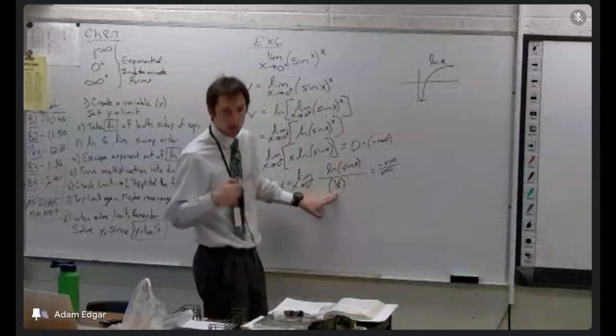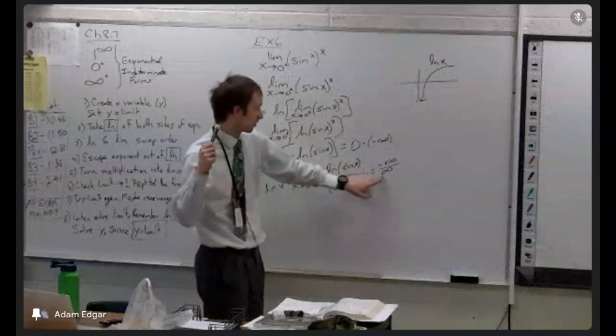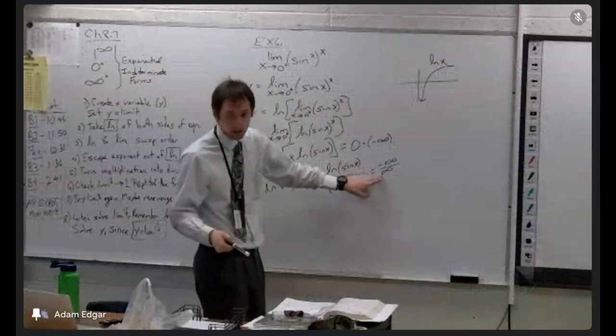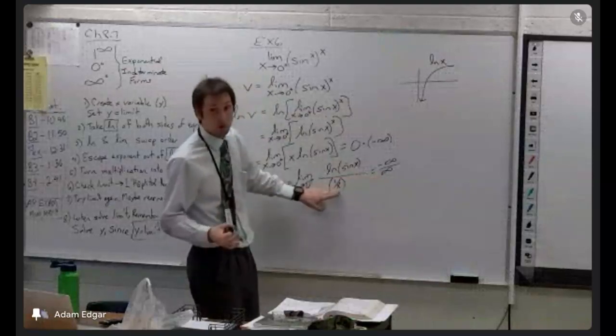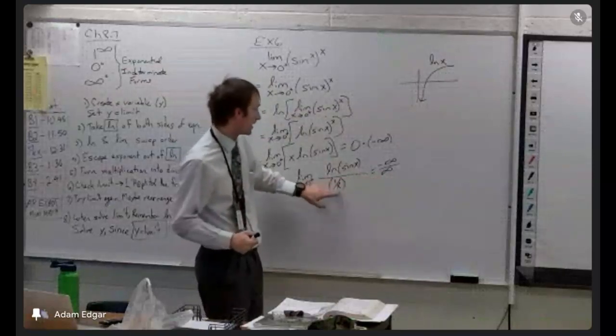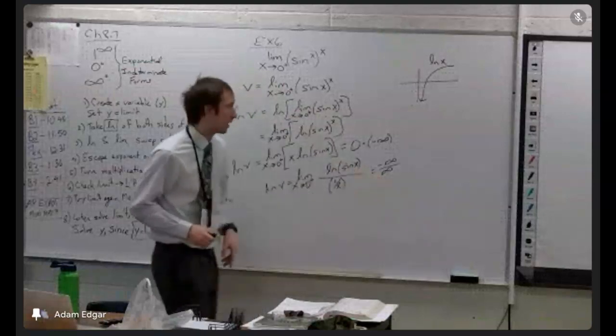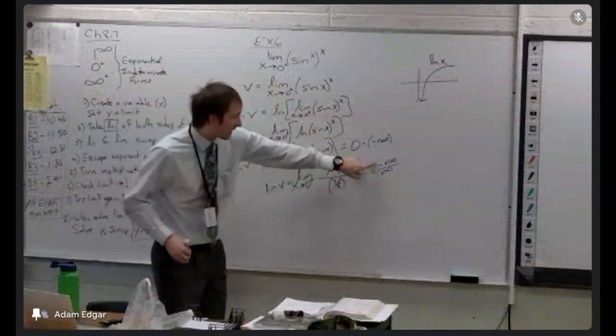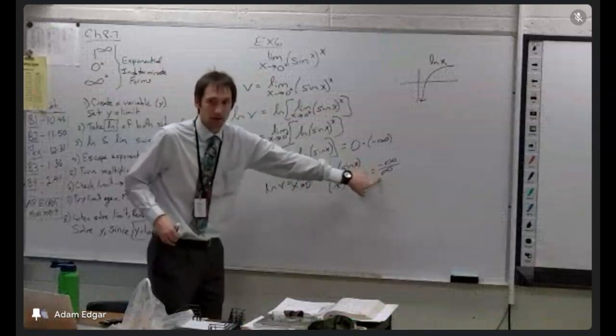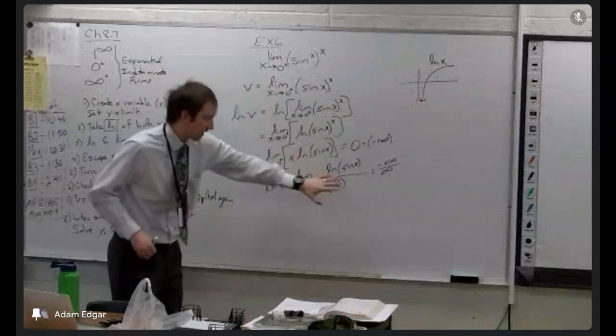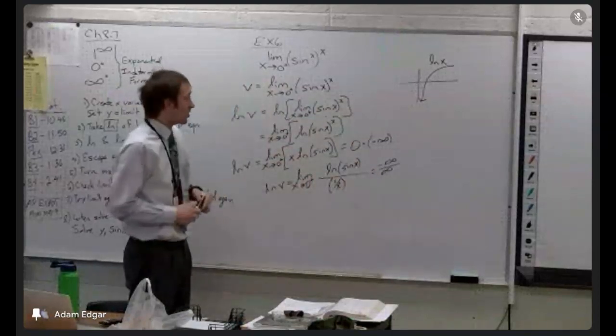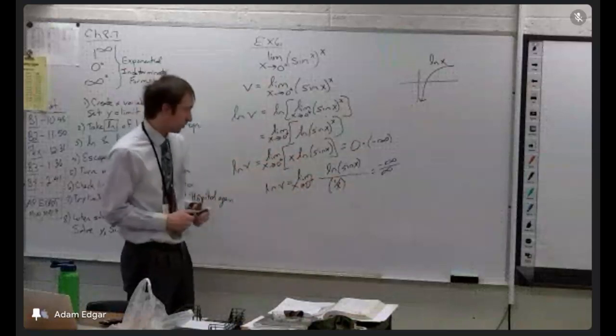If we approach a vertical asymptote, the limit is some kind of infinity. Since we're approaching 0 from the right, 1 over a positive is positive. But as long as we have any kind of infinity over any other kind of infinity, that's L'Hopital. So then we do L'Hopital's rule.